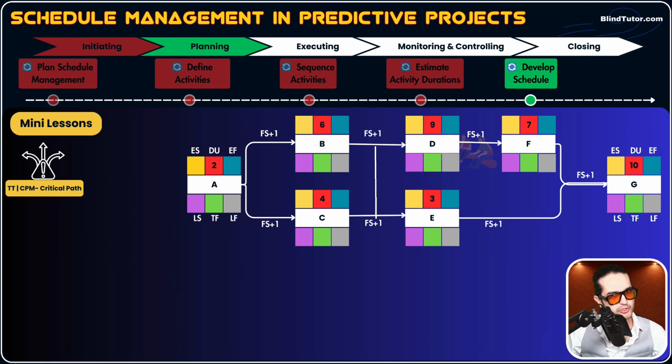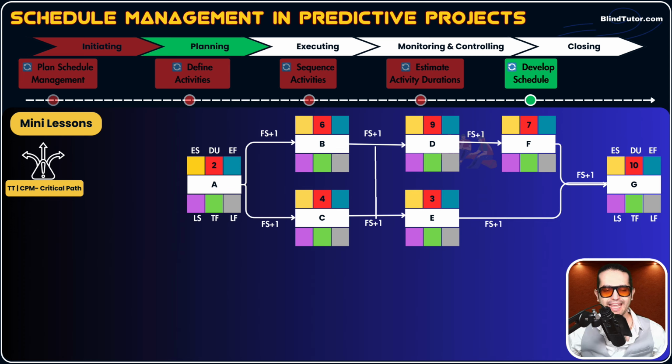Our first activity is activity A, and the last node or box is activity G. As you can see, A branches out into two paths, B and C. And then B branches out into paths D or E, and C also branches out into two paths, E or D.